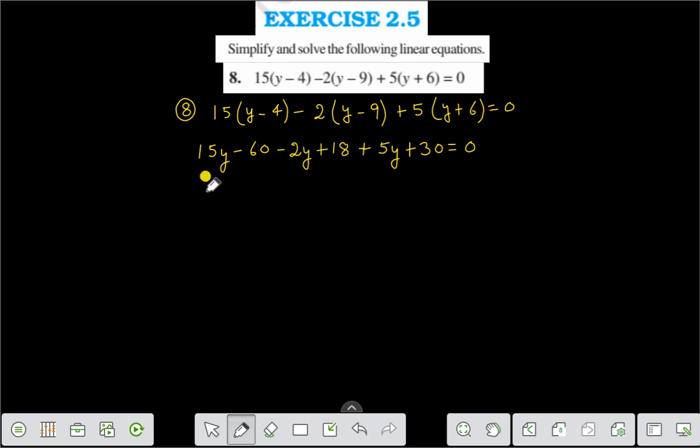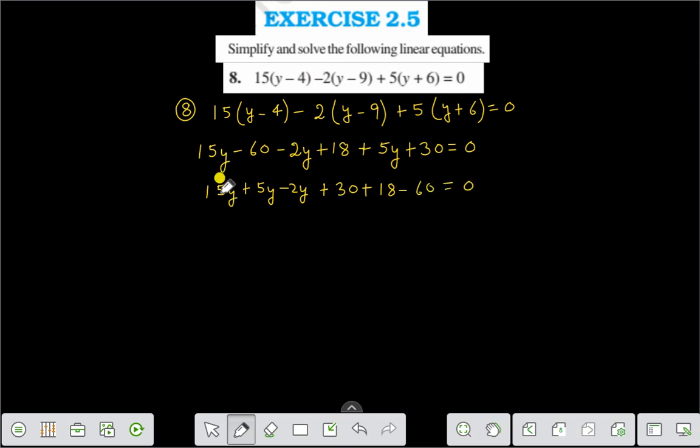Or you can write here once again, that is 15y plus 5y minus 2y plus 30 plus 18 minus 60 is equal to 0.